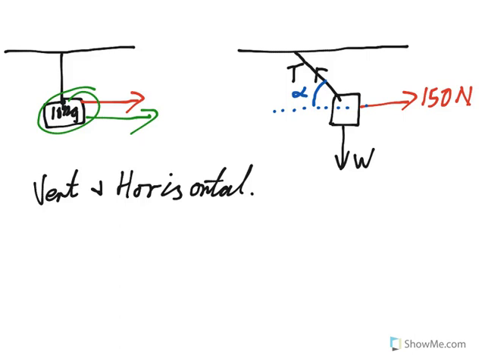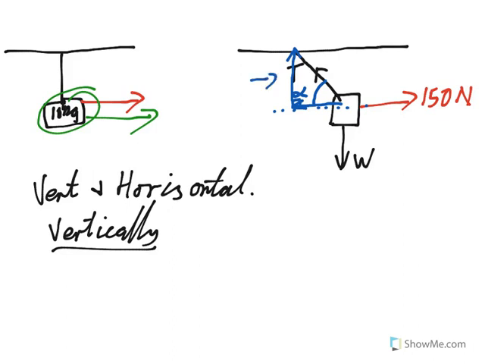Alright, so vertically, what do we have? If I split my tension force into two components, a horizontal and a vertical component, then vertically that's this part there, so that's tension sine of alpha, but that's got to equal the weight force.